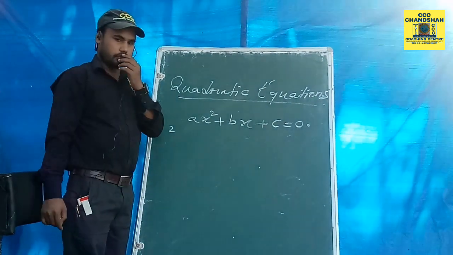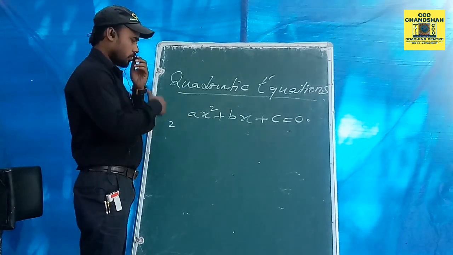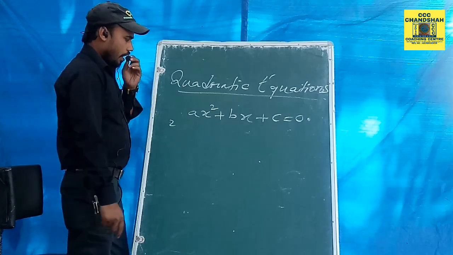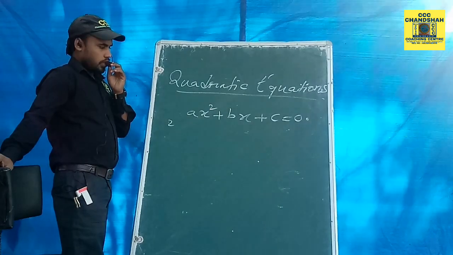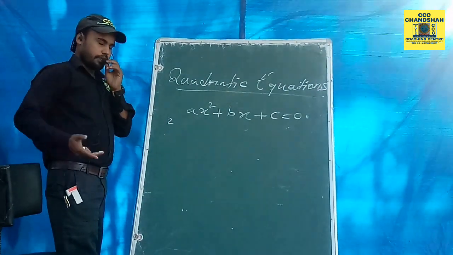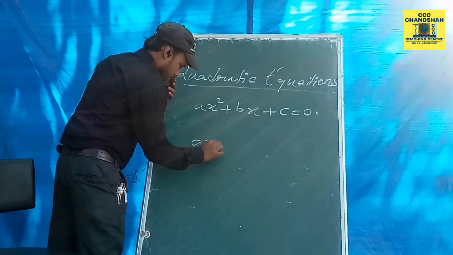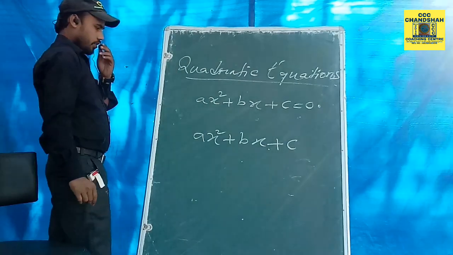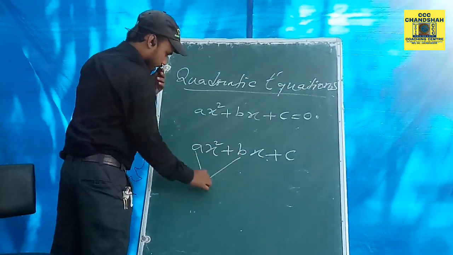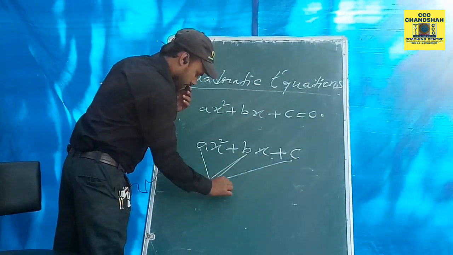In chapter 2, you have learnt about polynomials, and among these polynomials, there is the polynomial ax square plus bx plus c. In this polynomial, a, b and c are all real numbers.